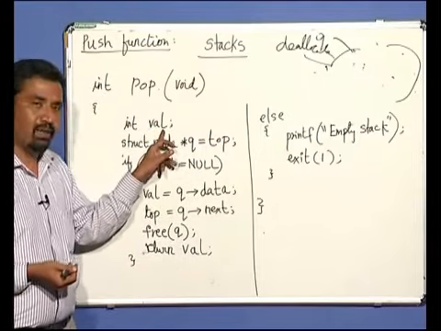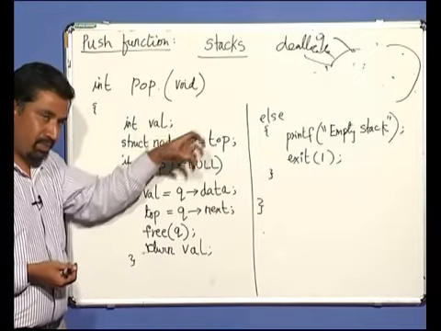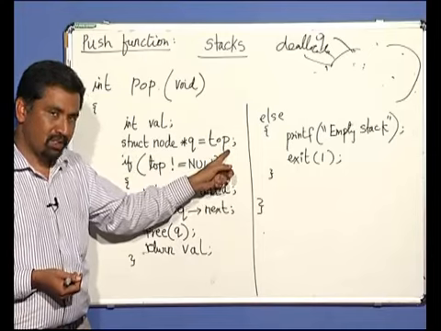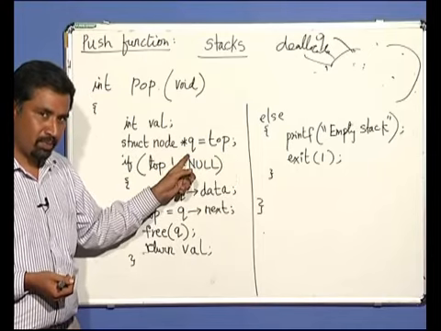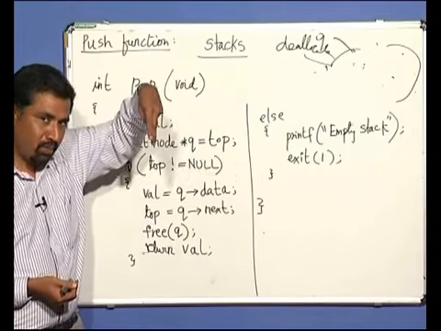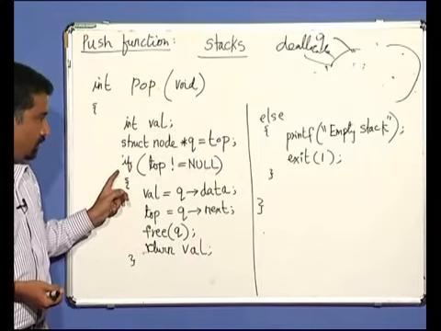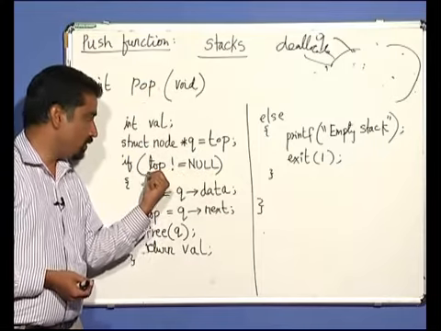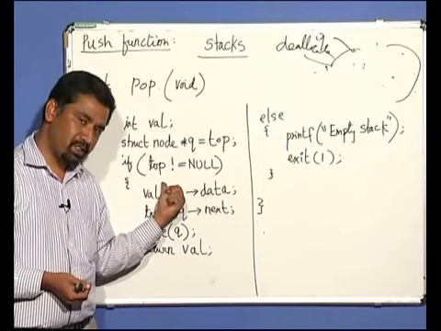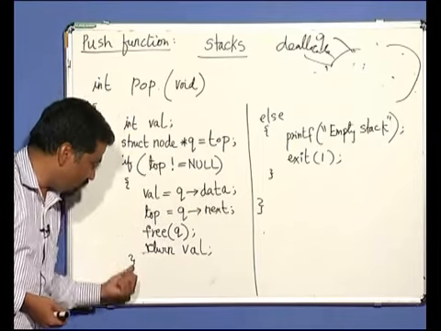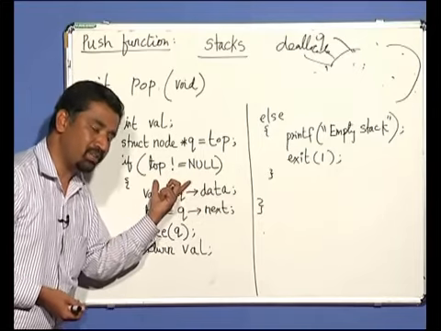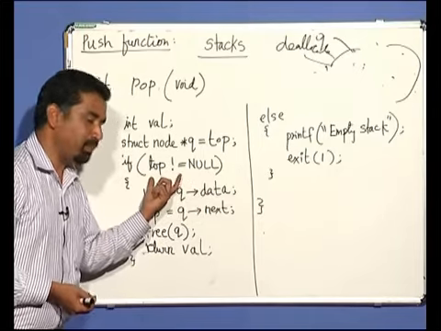So we declared one integer value to keep the value of the top of the stack. Node q is declared equal to top, so that q and top both will point to the top of the stack now. We are checking here: if top not equal to null, this code will get executed only when top is not equal to null. And what is the meaning of top is not equal to null?